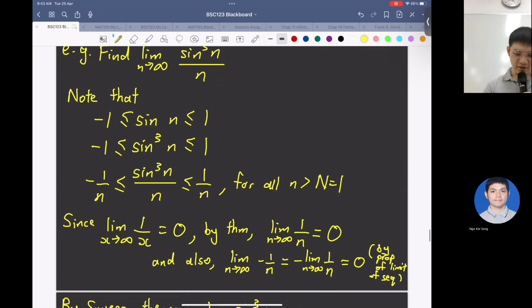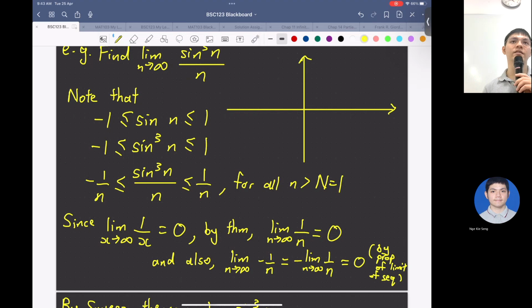So actually, how does this graph look like? There's a real version of this squeeze theorem, so I will draw the real picture. Sine cube n over n should look something like this.